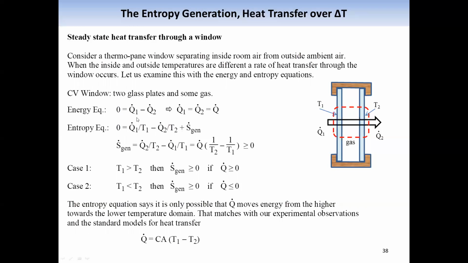So we have Q1 minus Q2 equals 0 in the steady state. They have the same absolute quantity if we assume both quantities are positive. This is the heat transfer leaving the system. That's why it has a negative sign before it.